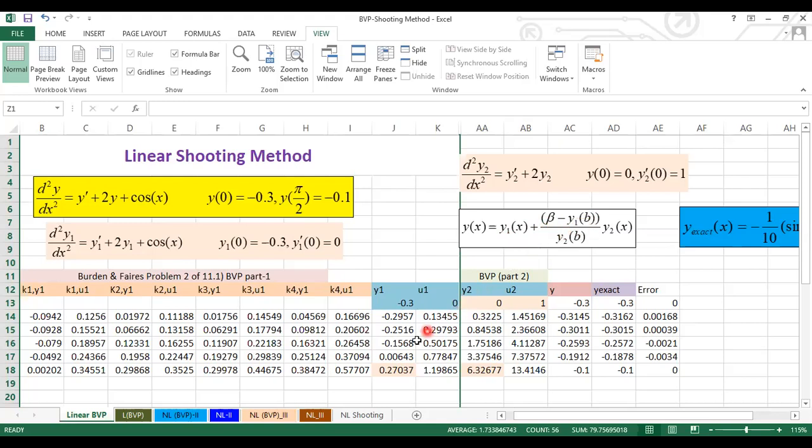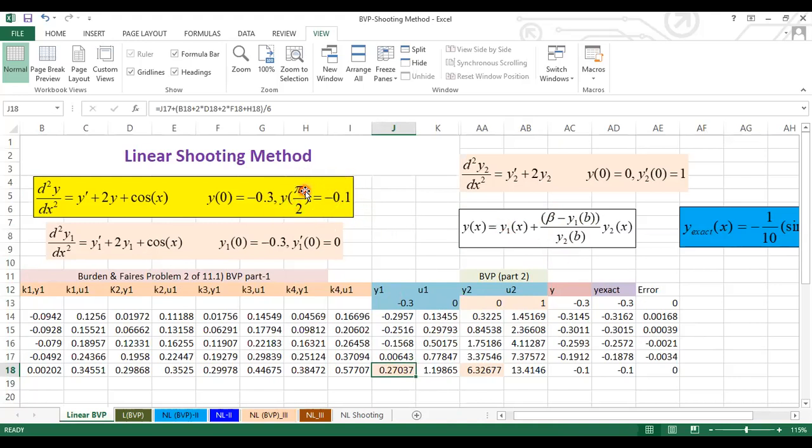Y1 of b is the last value from the y1 solution, and y2 of b is the last value of the solution from here, and beta is the second boundary condition that we have identified from our problem.